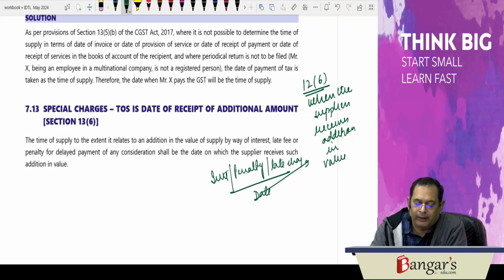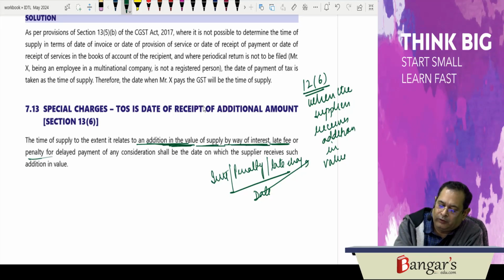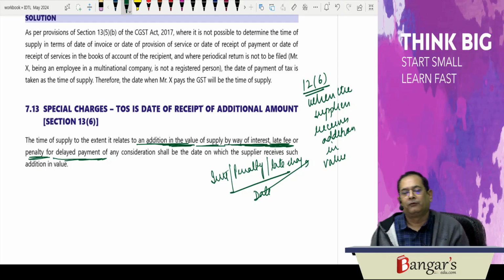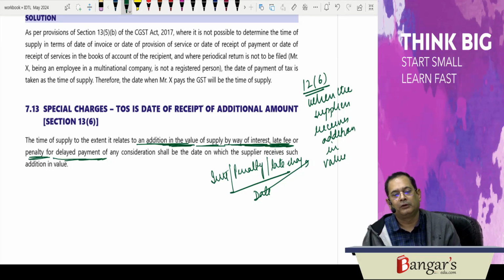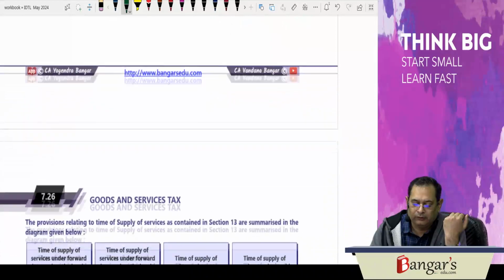So the time of supply, to the extent it relates to an addition in value of supply by way of interest, late fees or penalty for delayed payment of consideration, shall be the date on which the supplier receives the addition in value.